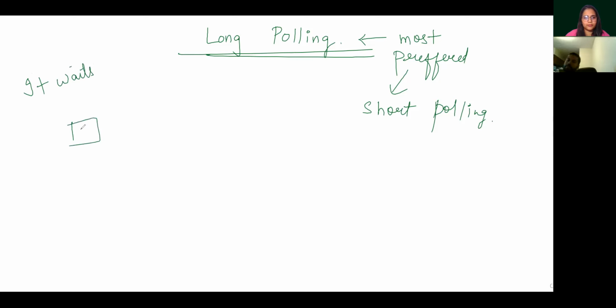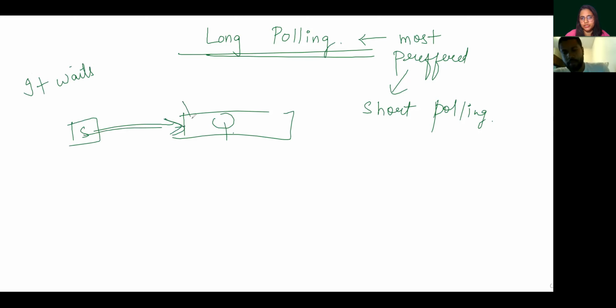When the server is there and the queue is there, right? When the server interacts with the queue, it will wait to check if any message is coming in the queue or not. Once the request is sent from the server to the queue, it will wait here to check if any new message is coming. Then it will go and inform the server that there is a message or no message in the queue.